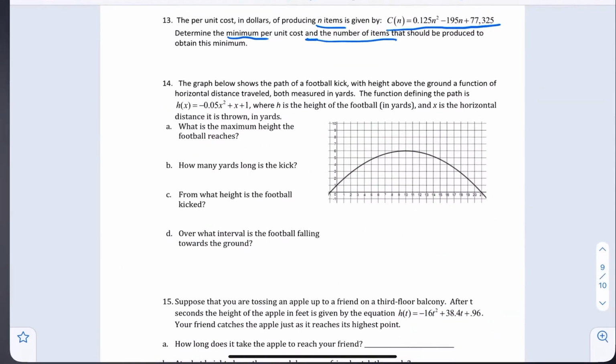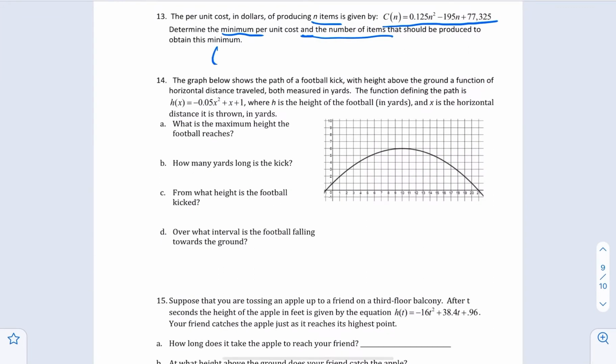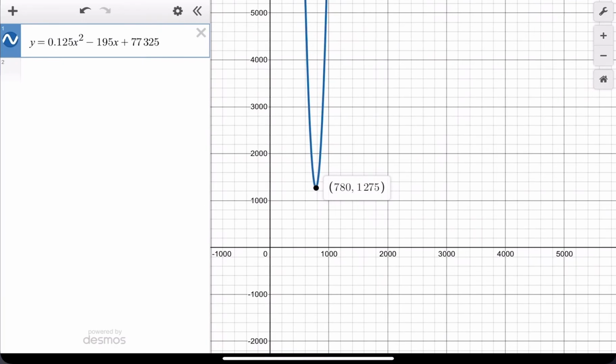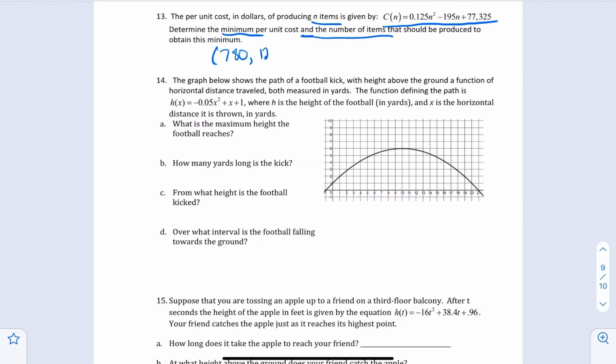So again, my vertex is straight up 780, comma 1,275, which means that 780 items minimizes cost at $1,275.